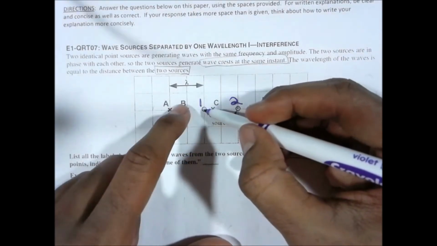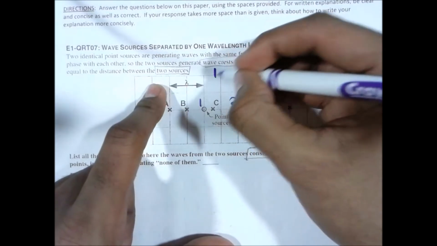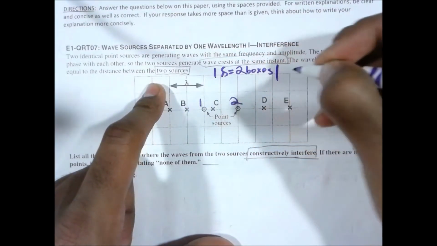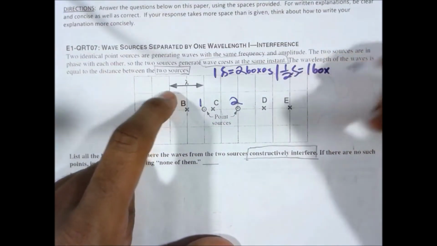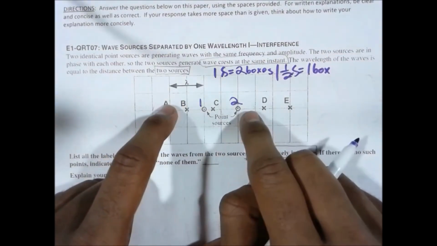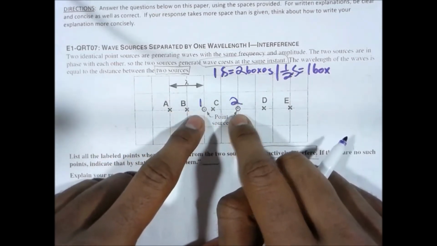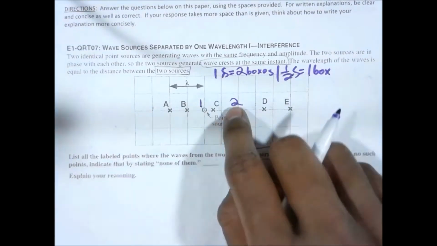So we basically know that there's going to be one wave that comes out from point source 1 with a wavelength of 2 box lengths. So let's say one wavelength is equal to 2 boxes. Then half a wavelength is equal to 1 box. Cool. Now, we also know that another wave is going to be generated instantly from point source 2 that also has a wave crest. They're releasing waves simultaneously, in phase.